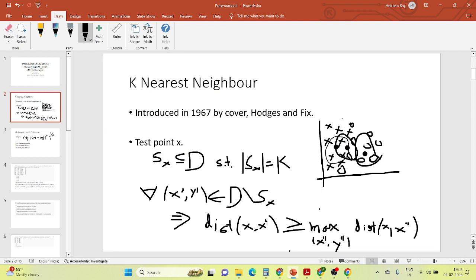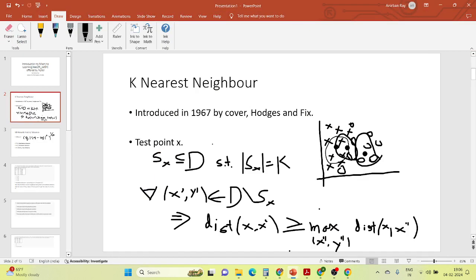Mathematically, suppose there is a test point x, like that we have given the dot here, black dots, and given a set Sx that is the nearest neighbors to x, and which is part of the bigger set D, a set of points, such that the cardinality of Sx is exactly k.